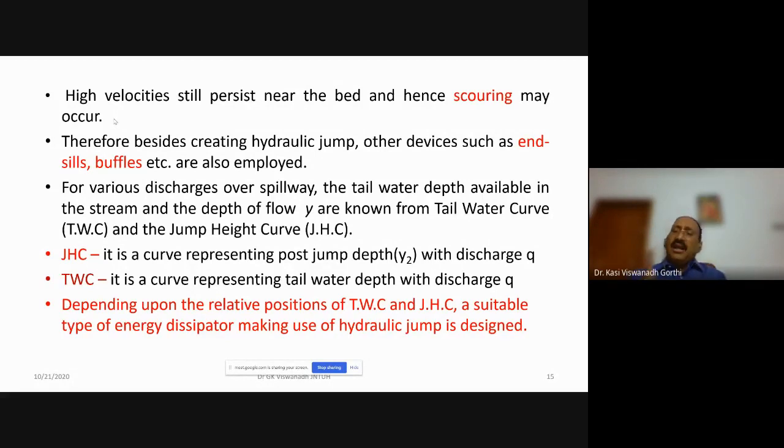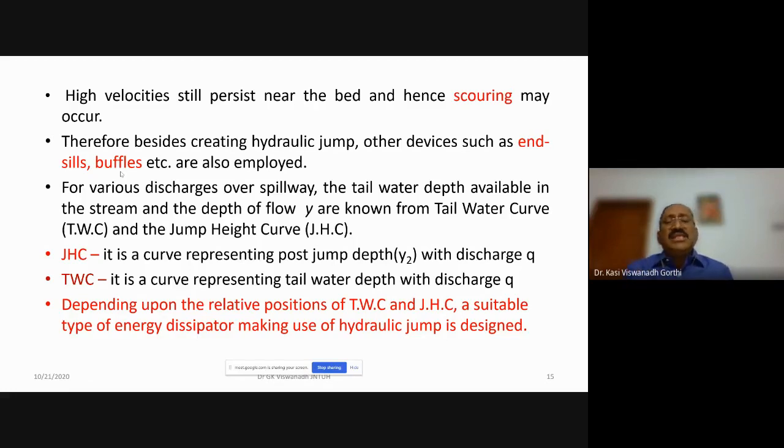That means some quantity of energy is already dissipated by forming the hydraulic jump. The rest of the total energy which has been left over is to be suitably dissipated by providing auxiliary devices such as chute blocks, end seals and baffles over the length of the solid apron provided at the downstream portion of the spillway.